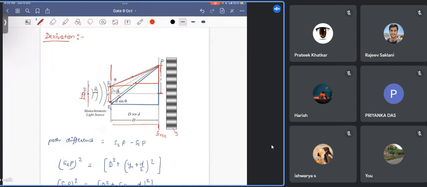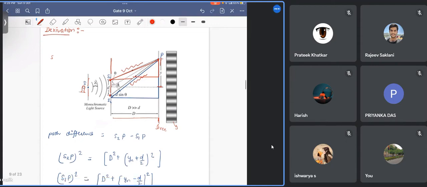The condition is on the phase difference, if we have one wave coming from S1 and another wave coming from S2. The path difference between the waves from S1 and S2 will be equal to n lambda if we want to see a bright fringe, or equal to (n plus 1) lambda by 2 if we want to see a dark fringe.